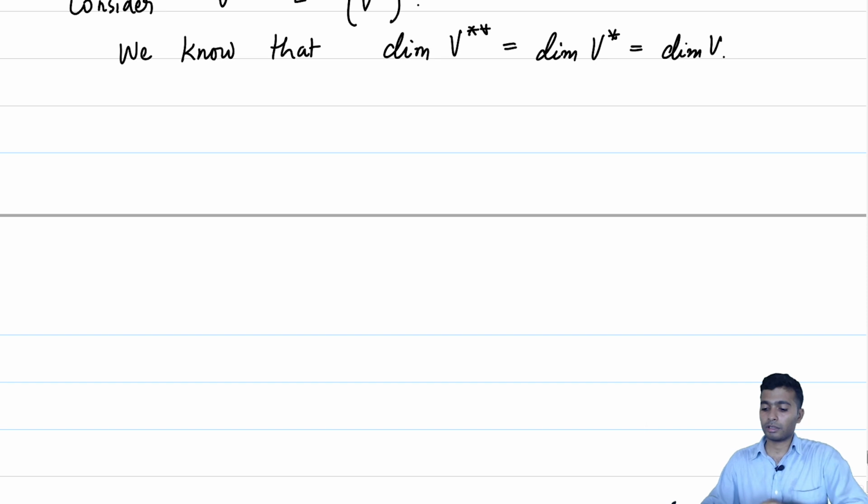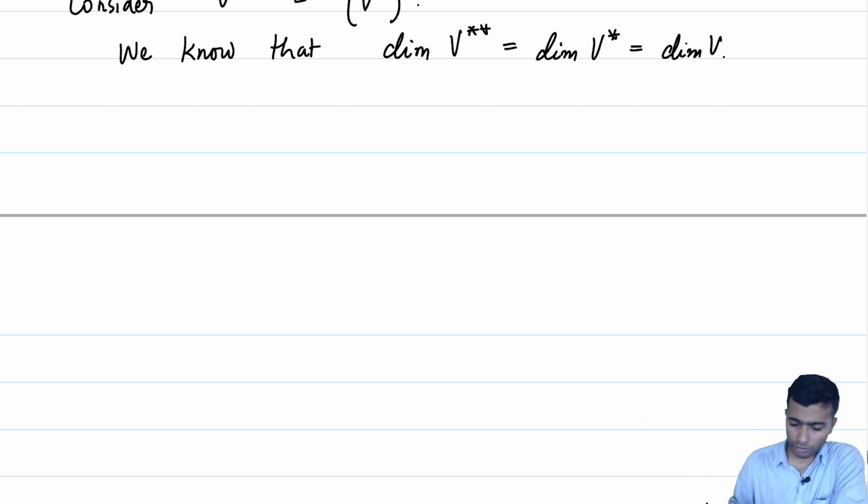The fact is that this isomorphism is far more natural than we would expect. In fact, we can talk about an isomorphism here without going down to a basis, without referring to any basis. So, let us start the groundwork for doing that.